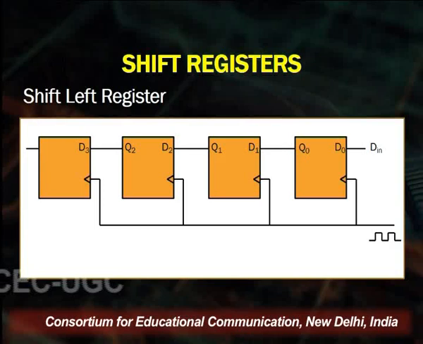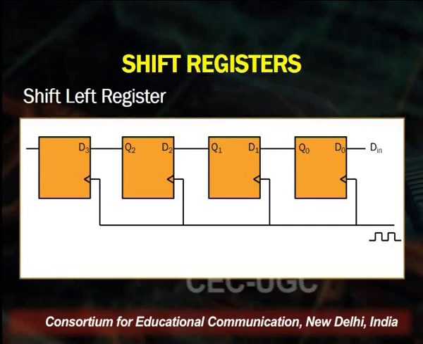An old value of Q3 would be lost in the process. Here we have made an assumption that the first D0 as the input just gave 1 as the first input and then it went 0.